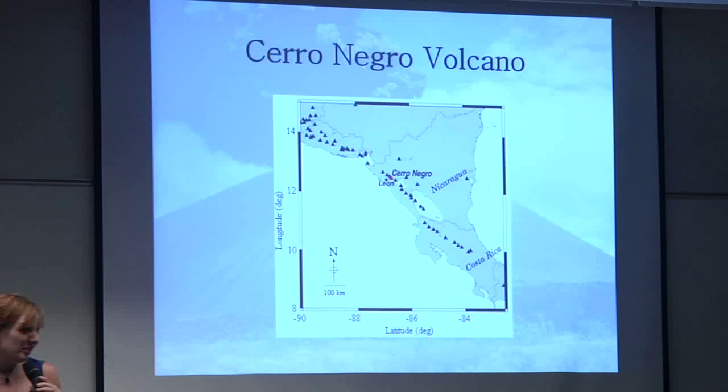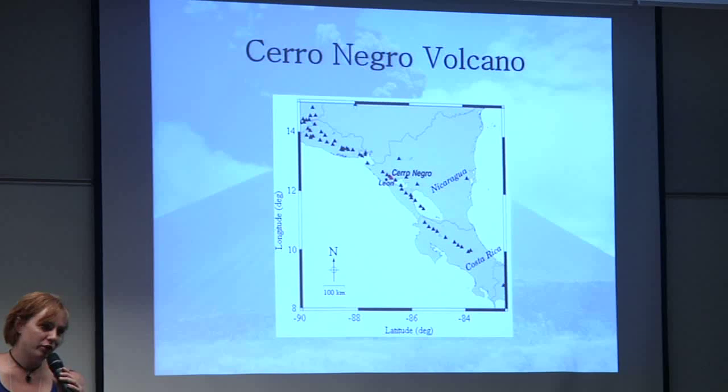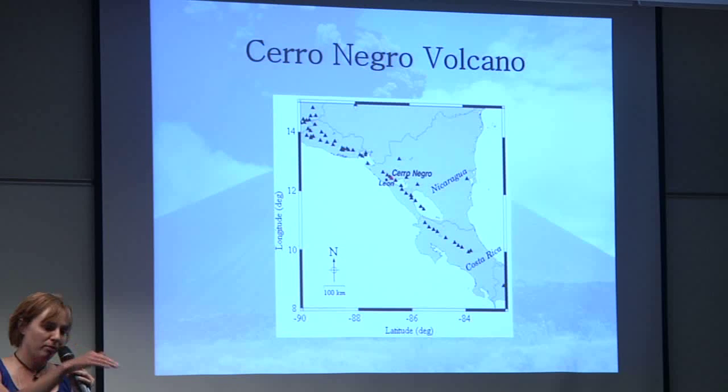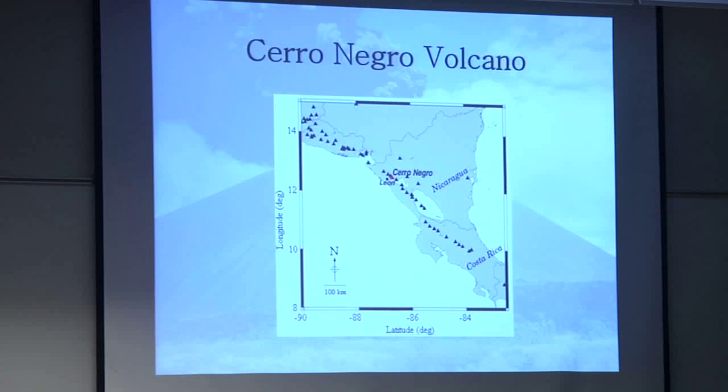The most recent larger eruption was in 1992. That eruption is well documented. Most of the eruptions are documented to some degree. The 1992 eruption had a column 7 kilometers high for the first 6 or 7 hours. After that, it transitioned into a weak plume, bent over by the wind, for another, I'm a little off on my numbers here, about 14 hours.